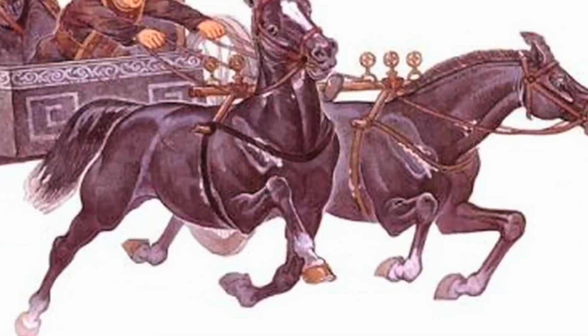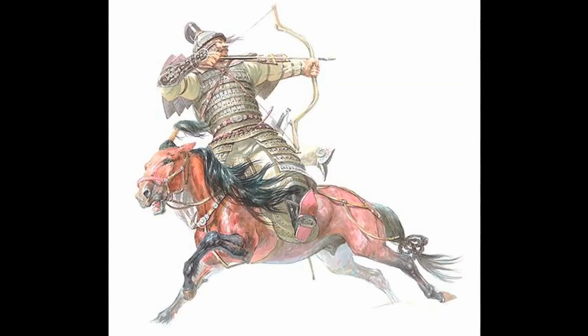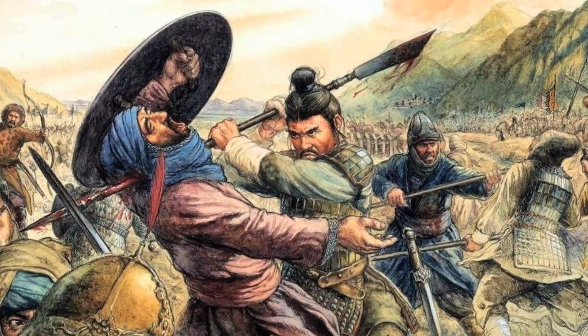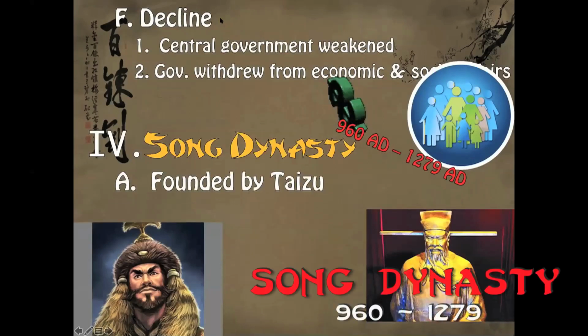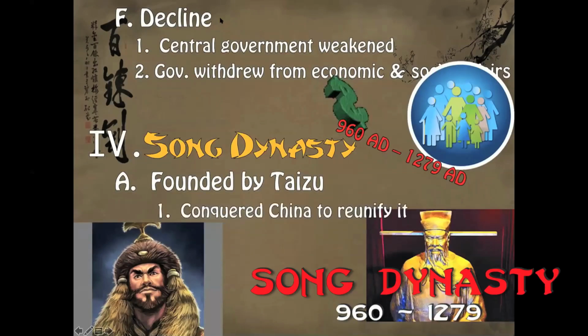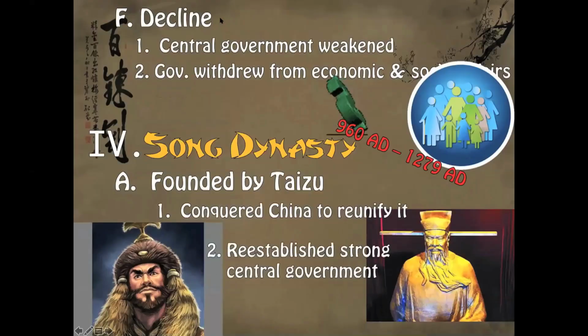He began his military career leading the mounted archers and rose to the rank of general. He then staged a coup, violently seizing power from the final ruler of the Five Dynasties and Ten Kingdoms period, and established the Song Dynasty, which will last from 960 to 1279. Taizu then re-established a strong central government to reunify China.